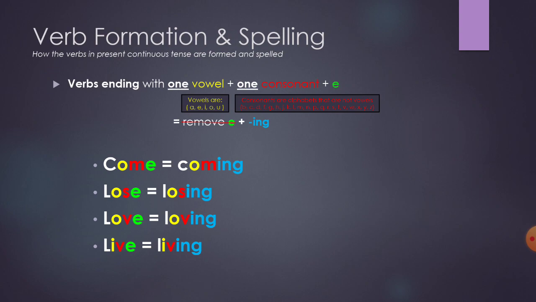O S E, vowel followed by consonant followed by E becomes losing. E is being replaced by ing. Love, vowel, consonant, and then E becomes loving. Live, I, vowel, consonant, V, and the letter E becomes living. Right.